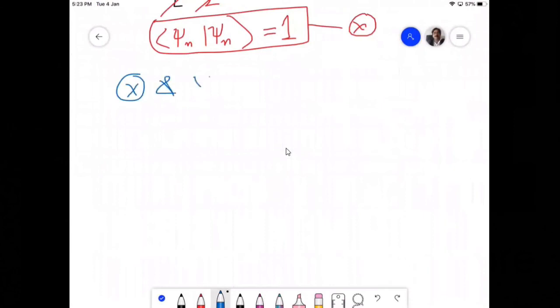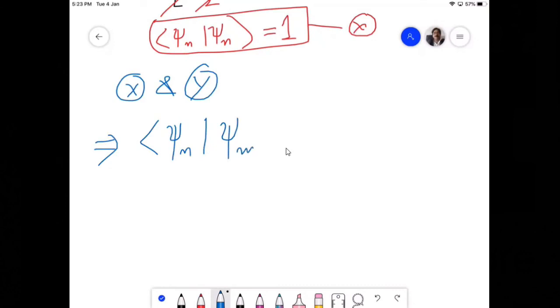x and y will imply that psi n and psi m, their dot product will be equal to delta nm. If n and m are the same, then that will be 1. If n and m are different, what is the meaning?